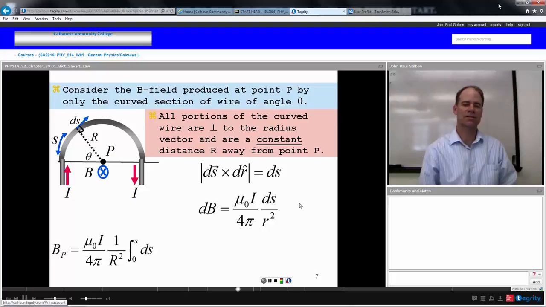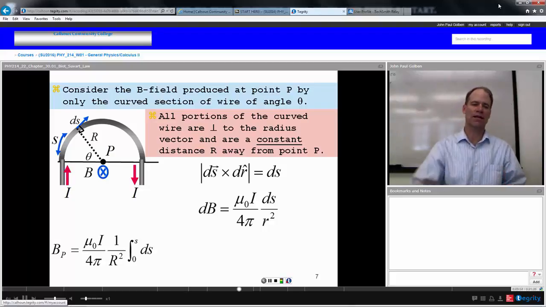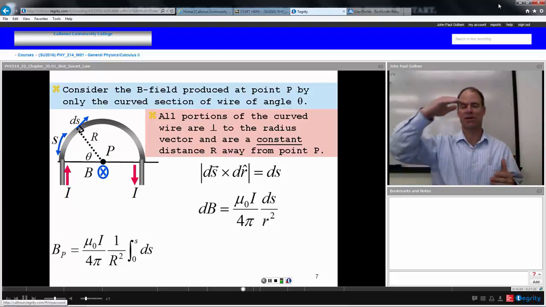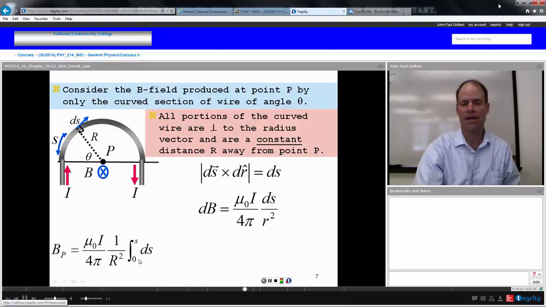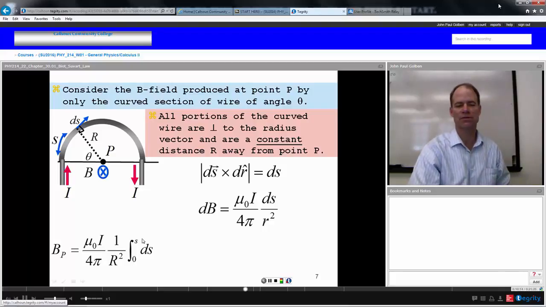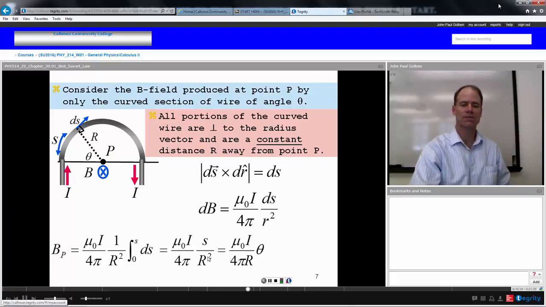So let's integrate this over the arc length. We have mu naught I over 4 pi r squared. Constants are taken out of the integral because r actually is going to be a constant as we go through this curvature. It's not going to change, so we can take that out of the integral. Then we have the integration from 0 to our arc length s of ds, which is simply going to be just s. So that's mu naught I s over 4 pi r squared.